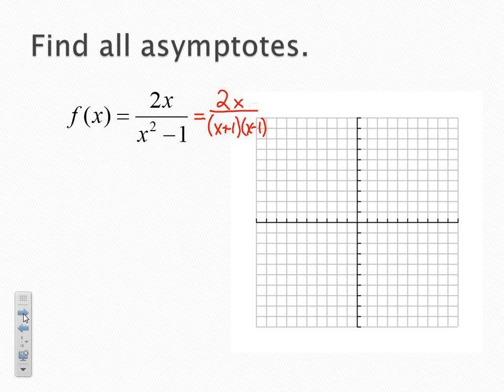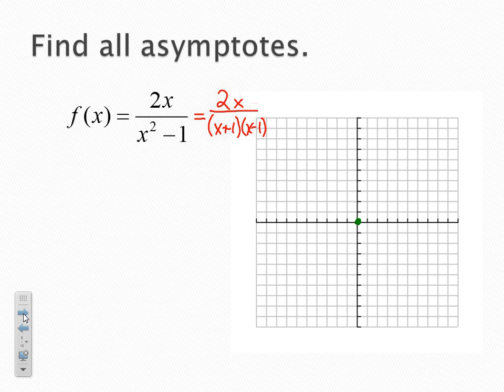Step number two, if we look up above, is to plot the y-intercept if there is one. So we're going to plug 0 into this function for x. If I plug 0 in at x, I get 0 in the numerator, and I get a -1 in the denominator. So that means the y-intercept will occur at 0. So I'm going to plot that point right on the origin.